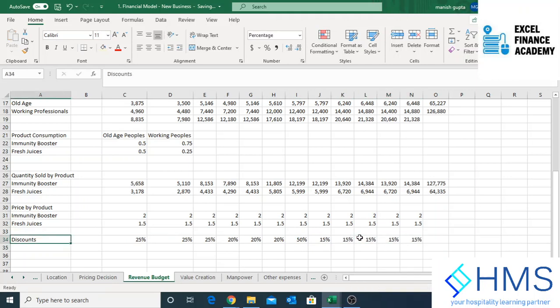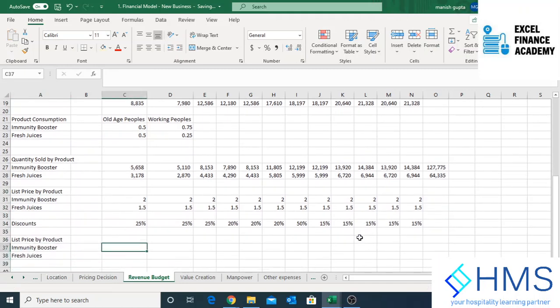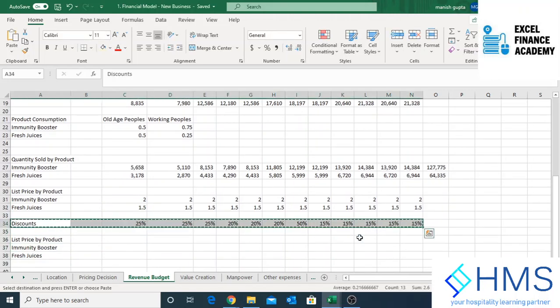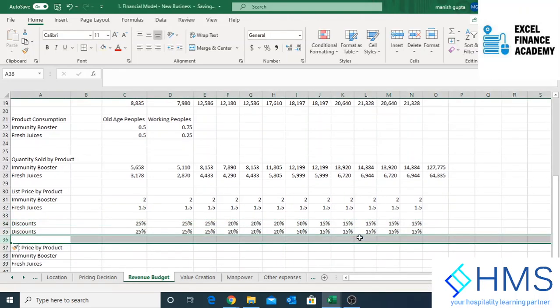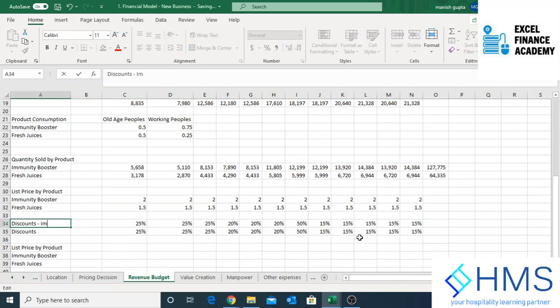So what would be your achieved price? This is your market sales list price, right? Then you can do discounts by category as well. So you can do it this way: discount on the marketing, discount on the immunity booster, and discount on the fresh juices.